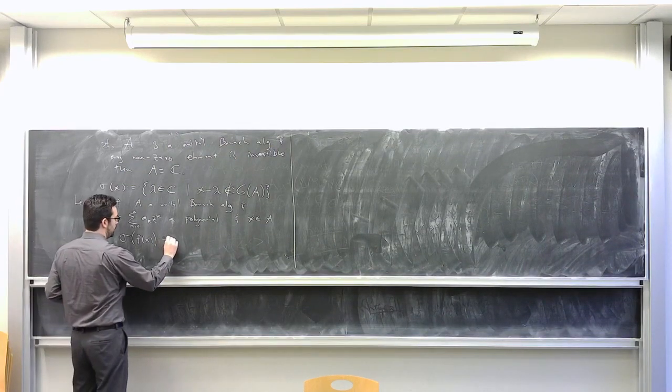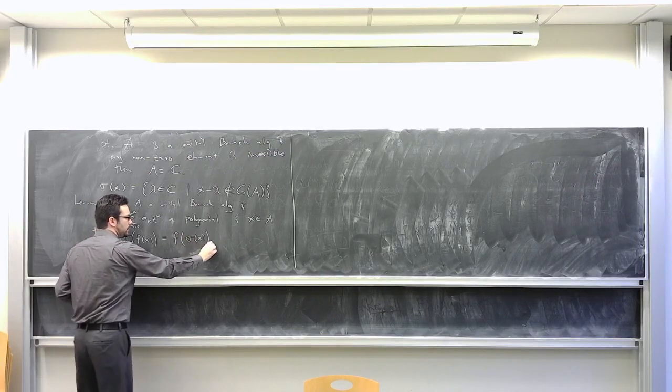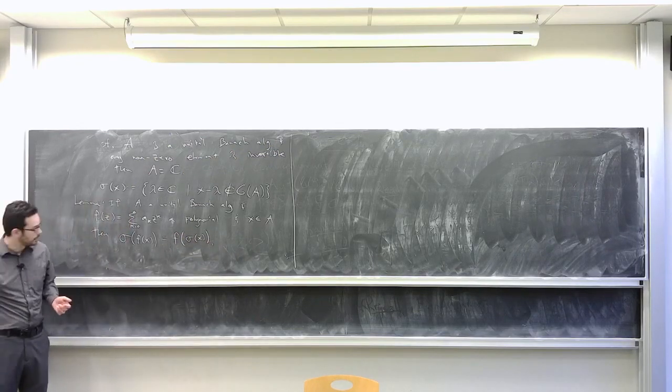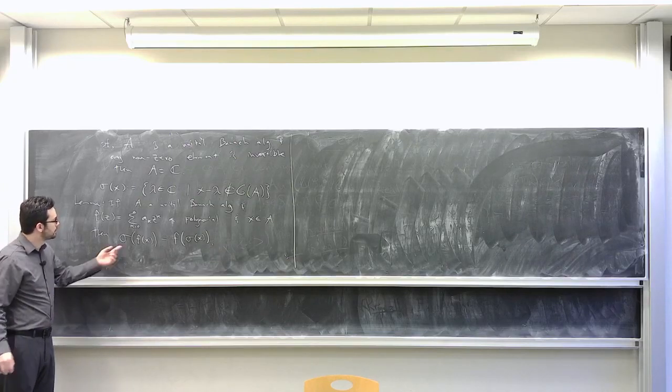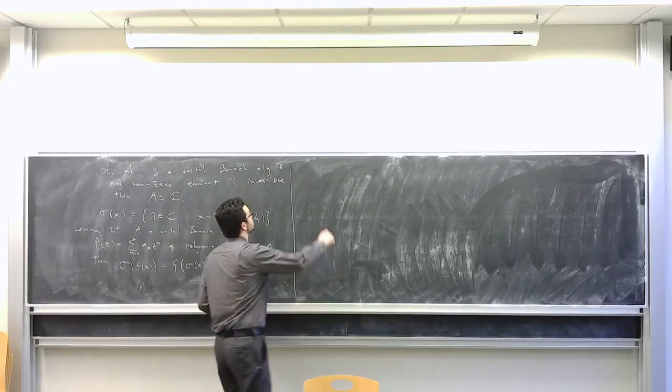It's exactly equal to the image of f applied to the spectrum of x. So we can see the spectrum of f of x from the image of the spectrum under f. So let's prove this lemma.